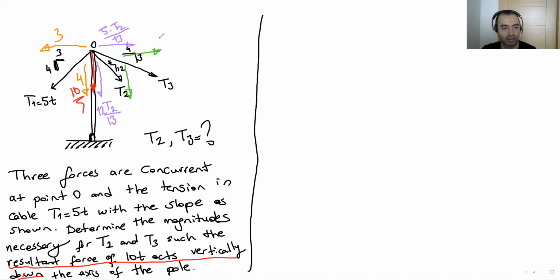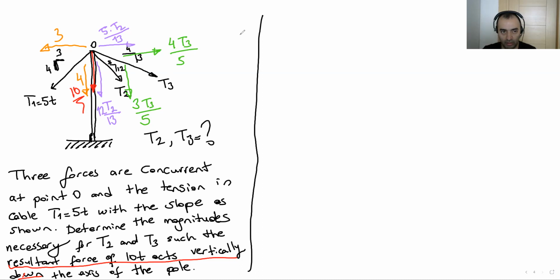That's why I write T3 here, 4 T3 over 5, and then 3 T3 over 5. So we have all the horizontal and vertical components. Now we are going to combine the horizontal forces, then the vertical. Let's write the equations.